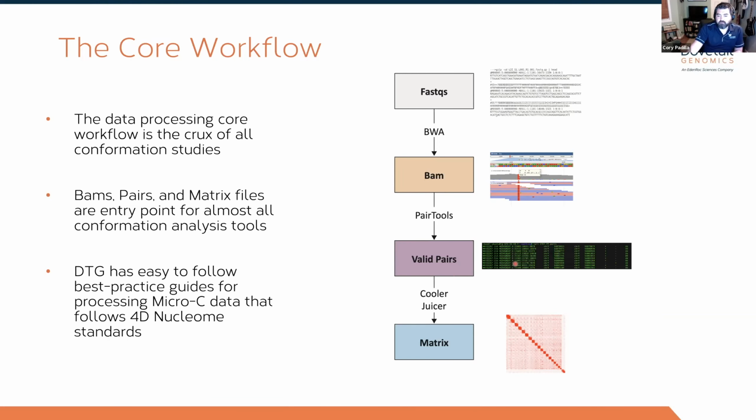And then you feed this pairs file into a contact matrix generation tool, either Cooler tools or Juicer. We'll talk about that in a bit more. But I do want to say that we have some easy to follow guides that I'll point you to that really just follow 4D Nucleome standards for processing any proximity ligation data.